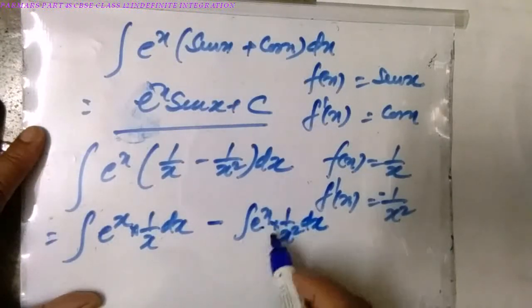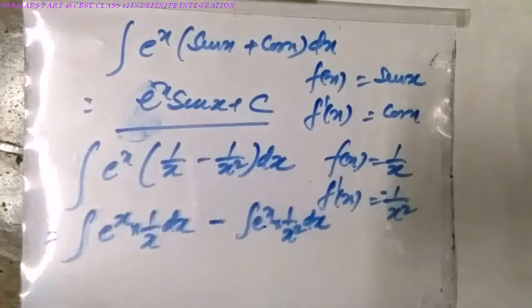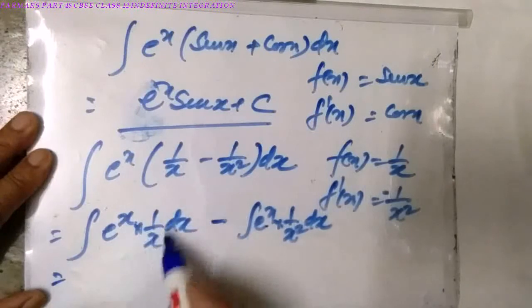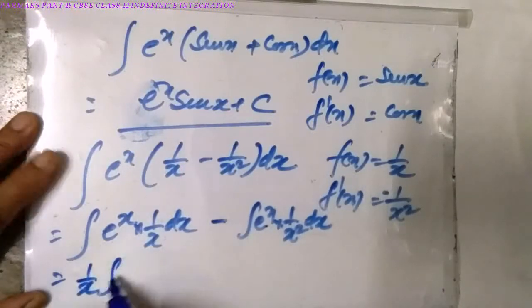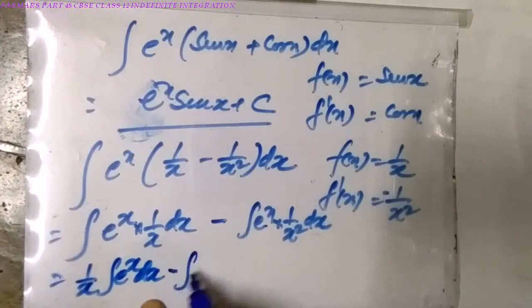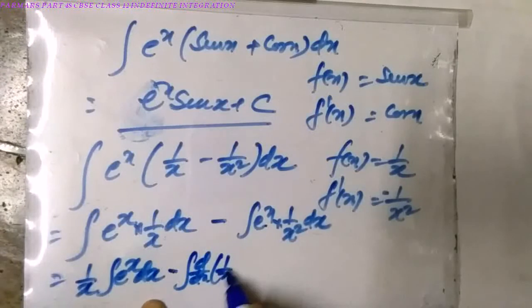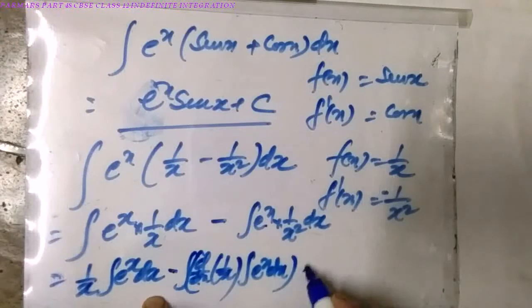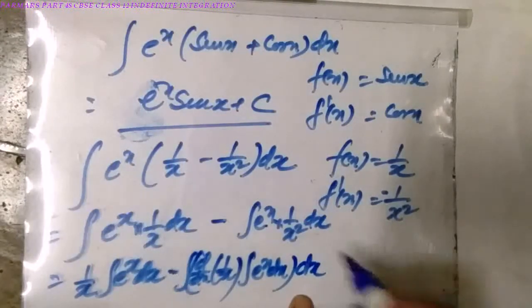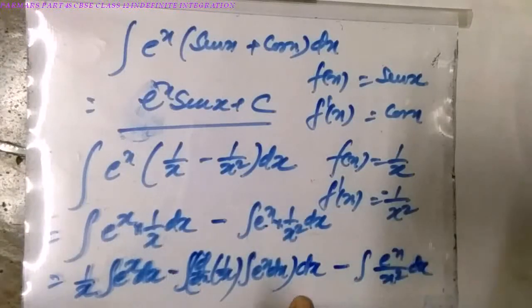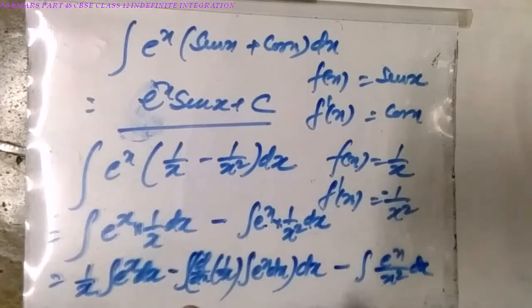The e^x (1/x^2) part, the f'(x) part, we will only carry forward. Now here integrating by parts, 1/x as the algebraic function, the first function, times integration of the second function, minus differentiation of 1/x times integration of e^x dx, and altogether dx, and the one which is carried forward, that e^x/x^2 dx.